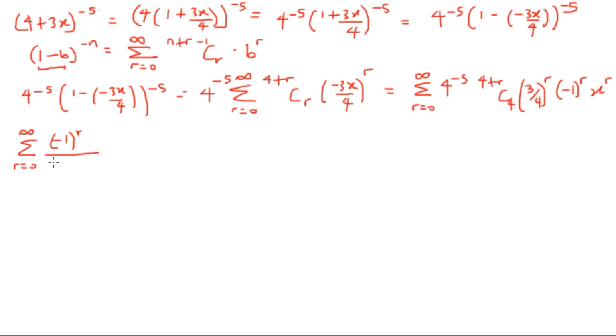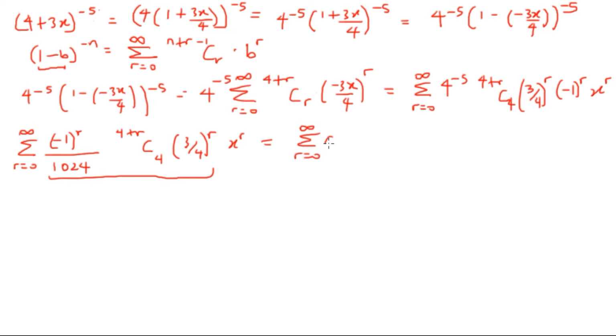Okay, so I will have 4 raised to power minus 5 is 1 over 1024. So I have my 4 plus r combination 4, and then I have 3 over 4 raised to power r, and then this is the variable. So all of these form the coefficients. It is just like having the sum from r equal to 0 to infinity of a sub r, and then x raised to power r.